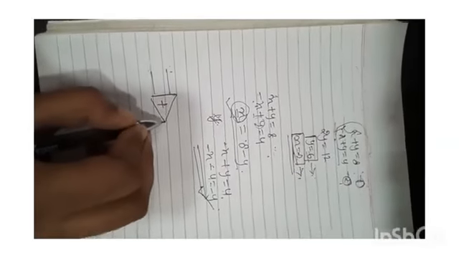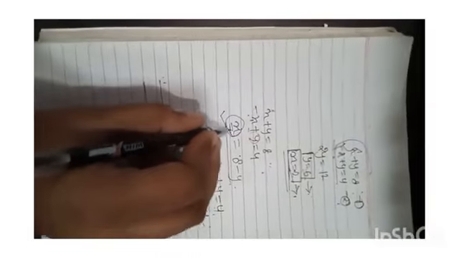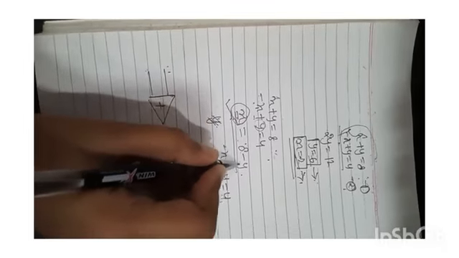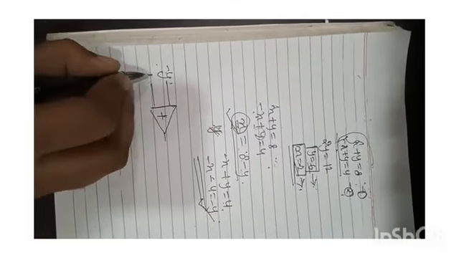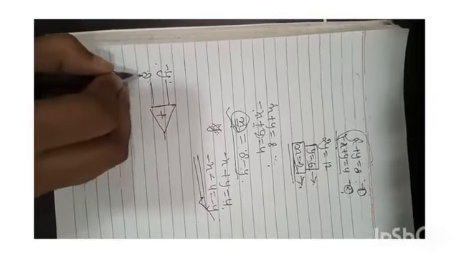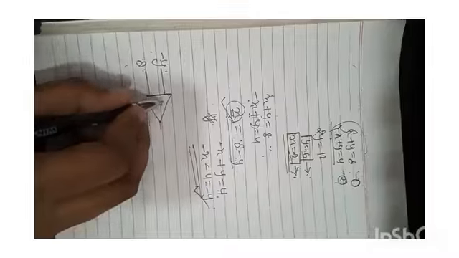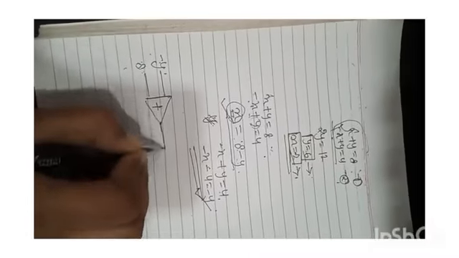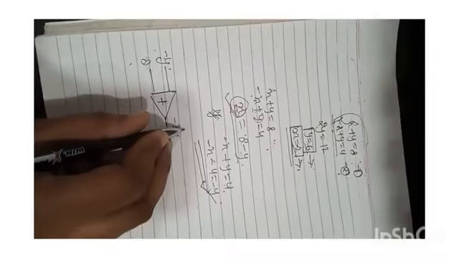I already mentioned that earlier. Now I have x equal to 8 minus y. So I am giving it minus y voltage here and plus 8 volt here. So what I will get is x. But when it goes through this process, the sign of x changes to minus x. So from this I got minus x.